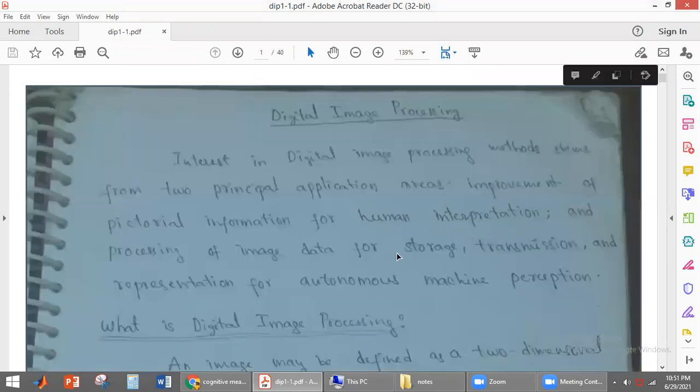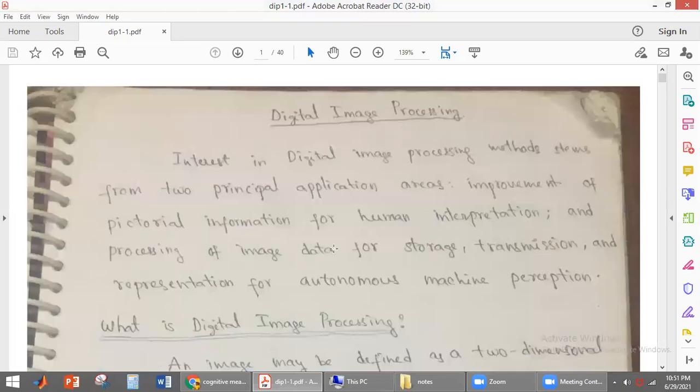And the second area is the processing of image data for storing, transmission, and representation for autonomous machine perception. Whenever we have image data, we store it, because across the internet we are storing image data.